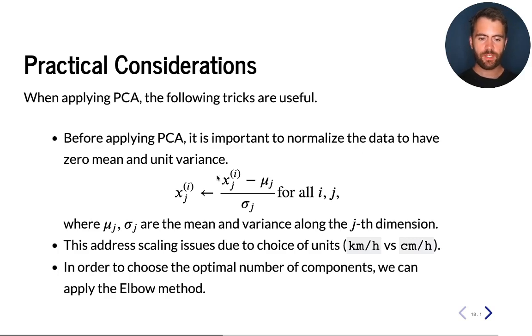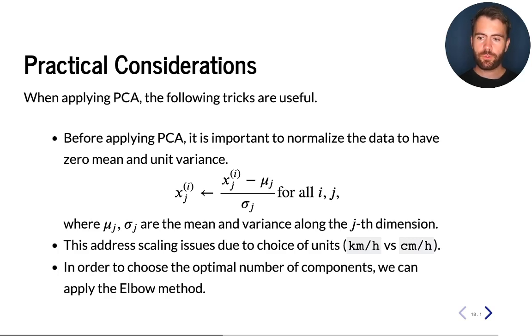For each dimension, we compute the empirical average of the data along that dimension, and we subtract it away to make sure that the average of the data points along each dimension equals 0. Similarly, we compute the standard deviation along this dimension, and we divide by it to make sure that the standard deviation of the data equals 1.